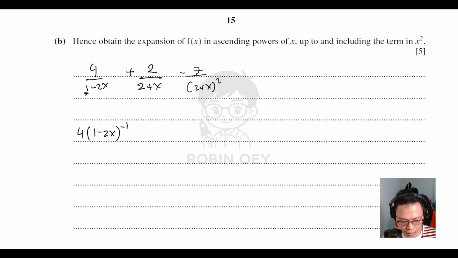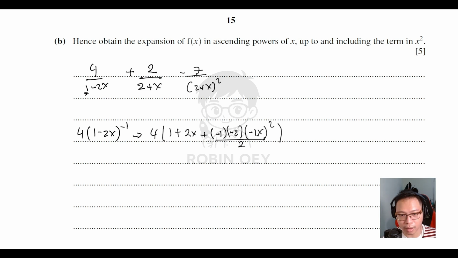The first one is obviously 1 plus n times x, that would be 2x. And then we have (-1)(-2) times (-2x) squared over 2 factorial.